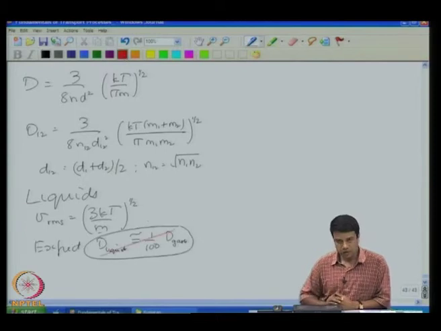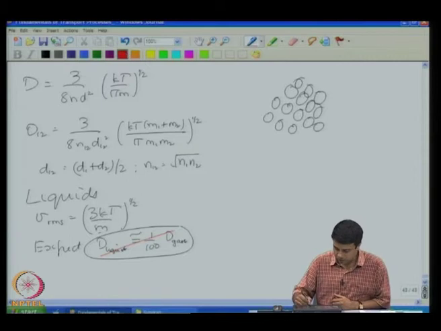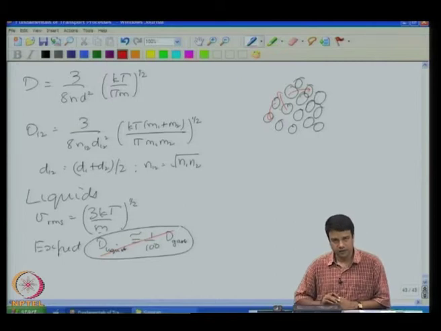And the reason is the high density of molecules in a liquid. So, if I had molecules in a liquid, the motion of one molecule in any particular direction requires that all the other molecules move out of the way. So, diffusion in liquids is basically what is called a cooperative process.